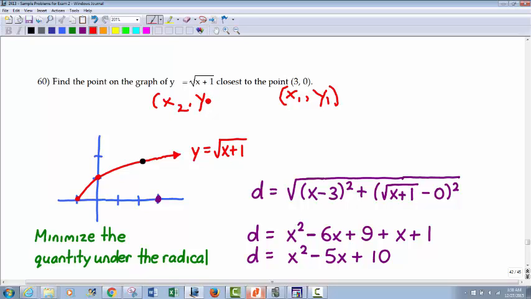Now the way you look at x2, y2 is you treat x2 is essentially x, and then y in terms of x is the square root of x plus 1. So that's your actual point for that graph. So any point on that graph can be represented as x, comma, square root of x plus 1. And then this one's 3, 0.